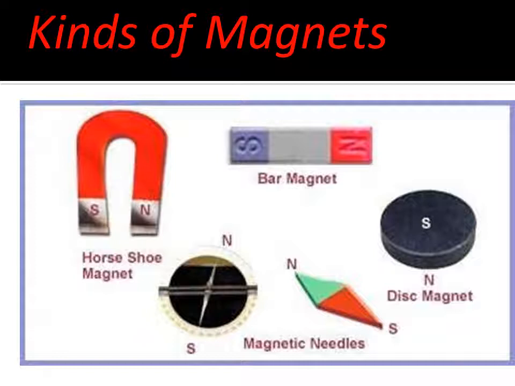It also has a south pole and a north pole. Then we have a disc magnet, round in shape, mostly found in speakers or in clocks. Then we have magnetic needles, and all have two poles, the north pole and the south pole. But basically, of all these, we use the bar magnet the most for studying magnetic properties.